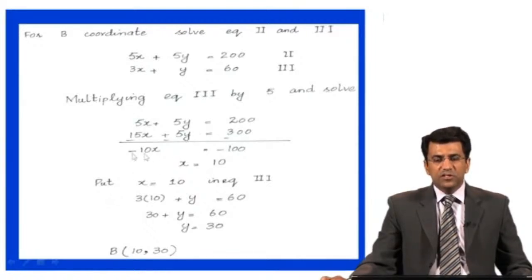We will subtract both of these equations and finally we get the value of x equal to 10. Now by putting x equal to 10 in either equation 2 or equation 3, we get the value of y equal to 30. Now class, we have the coordinates for point B, that is (10, 30).